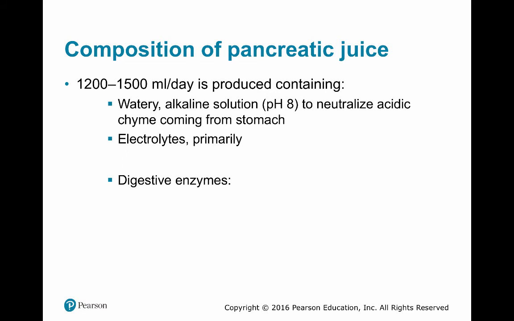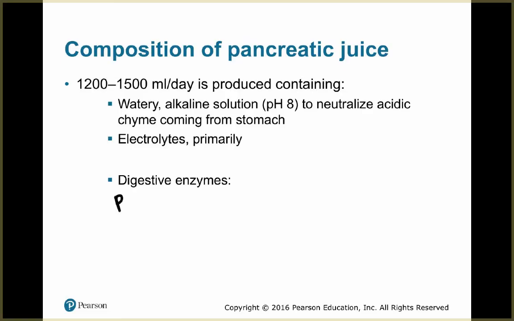And so basically, you have the electrolytes are produced primarily, but then you also have digestive enzymes. And so the digestive enzymes that we have are things like proteases. And so these are for proteins.